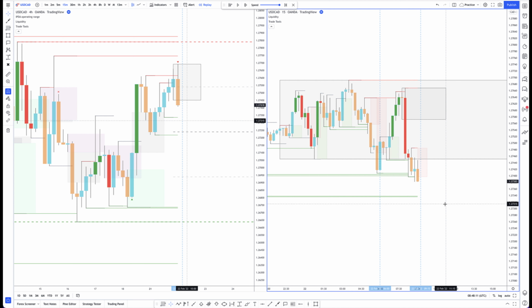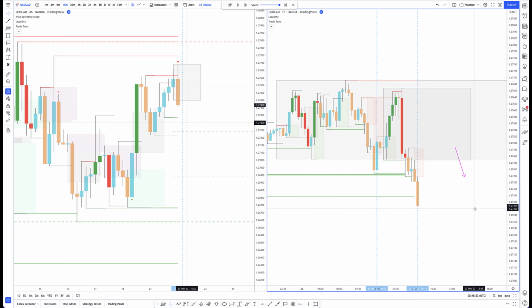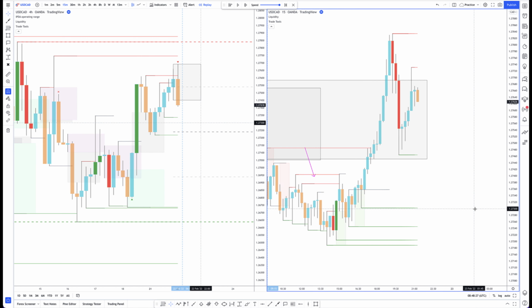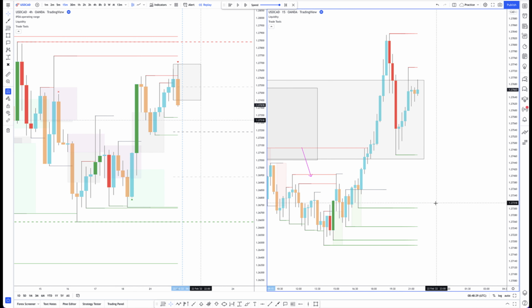I'm not interested in this trade. I'm going to mark this as a weak setup. This might still work. I'm not interested in trading this setup. Did not work. Okay.